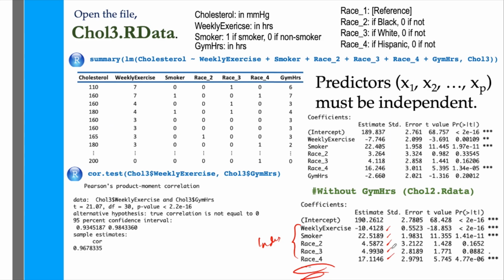So again, since the addition of gym hours, which is correlated to weekly exercise, led to dramatic change in the coefficient of weekly exercise, the addition of gym hours in the model is incorrect. Thus, we should stick with the previous result wherein gym hours is not included in the model.